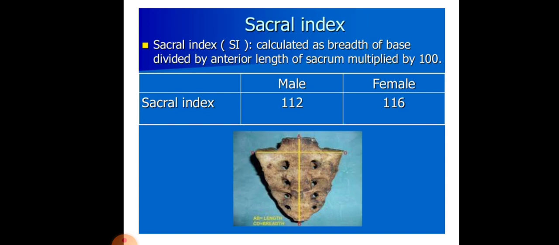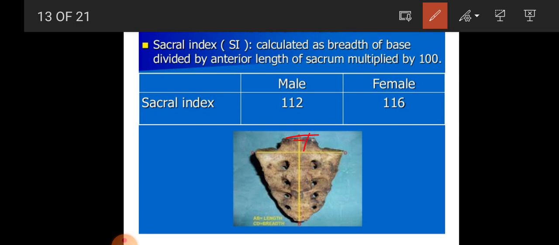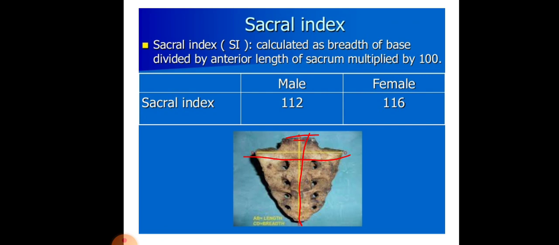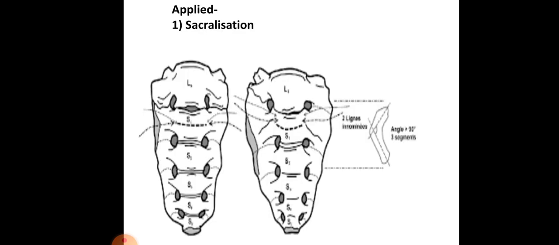If the sacral index is approximately 112, then it is male, and if it is more than 112, it is a female sacral bone. The anterior length is from your sacral promontory up to the apex, and this is the base. So the base is divided by the anterior length and then multiplied by 100 to get the sacral index.